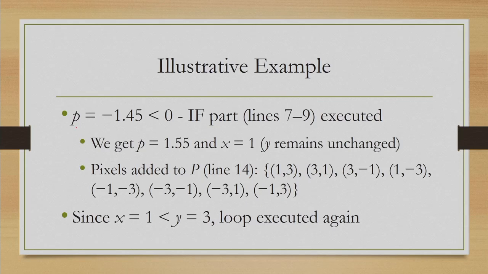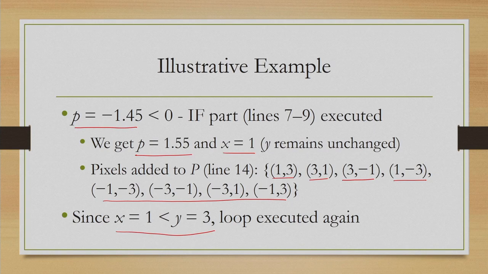So, we have p less than 0, then we update p as per the expression for p less than 0, and then get this new pixel value. With that we add 8 pixels to the output list, 1 3, 3 1, 3 minus 1, 1 minus 3, and so on. Since we have not yet reached the end of the loop, we continue with the loop.